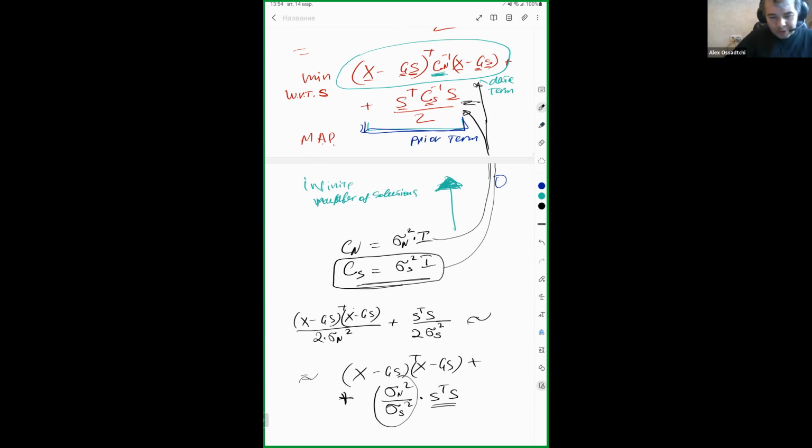But you have situations with different noises in the sensors, and when the noise is large, this term will not play a large role in determining the minimum value, because it's small anyway, so you will have to trust the prior.